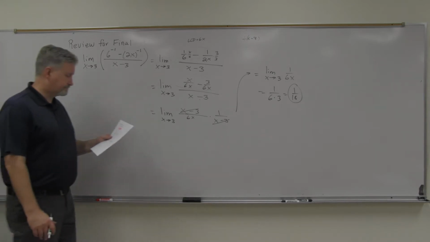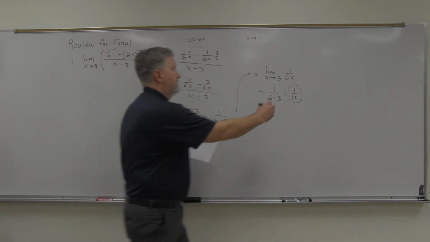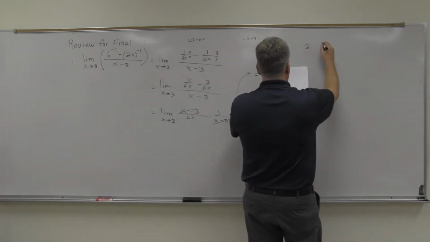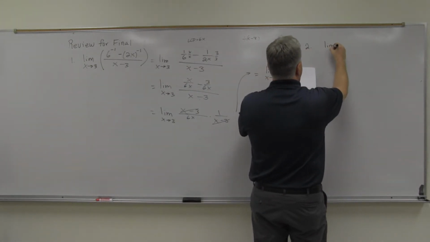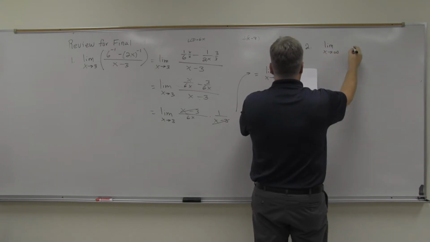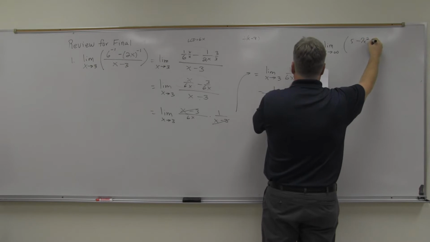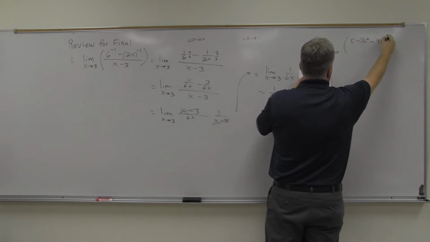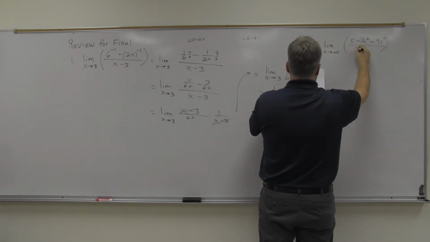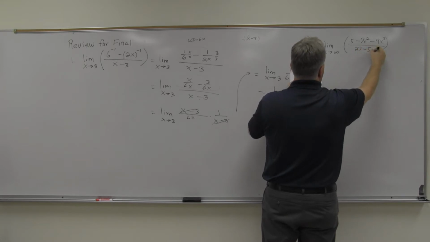Now on number 2, we've got the limit as x goes to infinity of 5 minus 7x squared minus 9x cubed over 27 minus 5x squared.